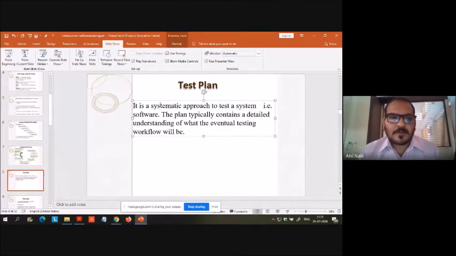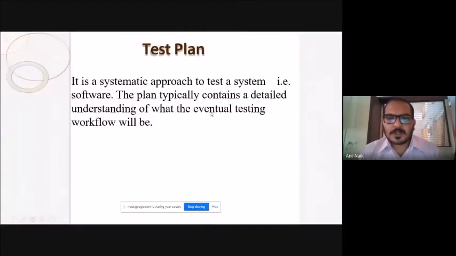Test plan means what? It is a systematic approach to test a system, that is software. The plan typically contains a detailed understanding of what the eventual testing workflow will be. Test plan is very important, because for any software, the testing is based upon the planning.